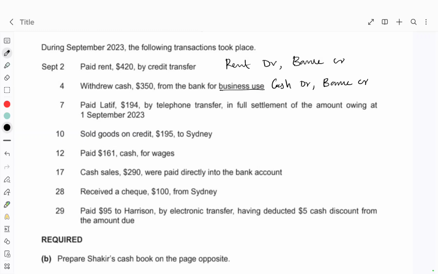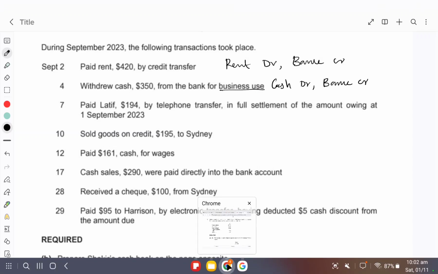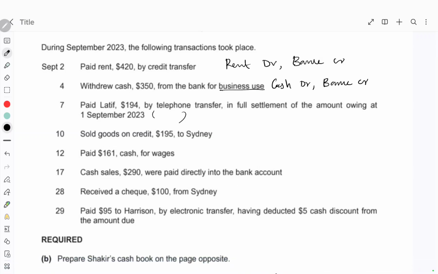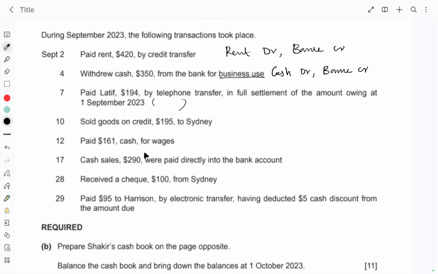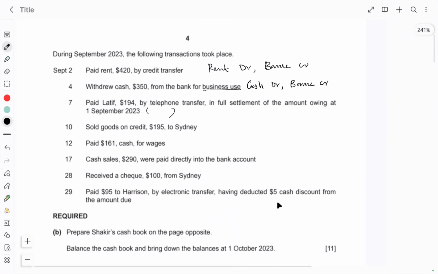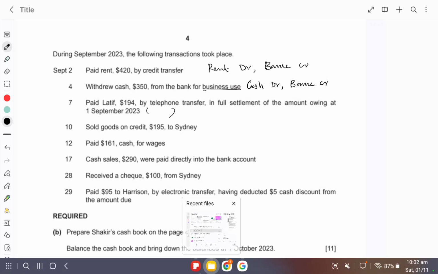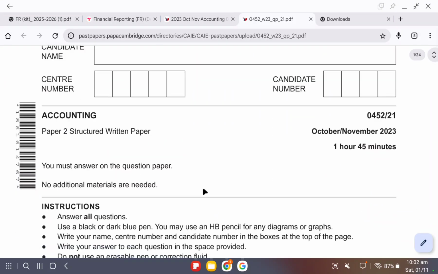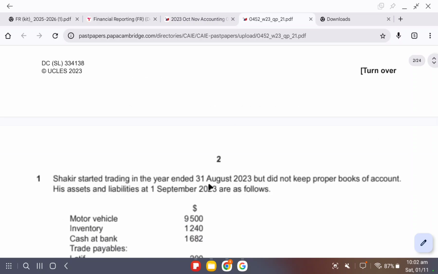In this question they have already given balance sheet figures for your trade receivables, trade payables, etc. Each question will be different. Sometimes they will specifically provide the settlement figure. Anyway, in this question we can see the opening balance here.